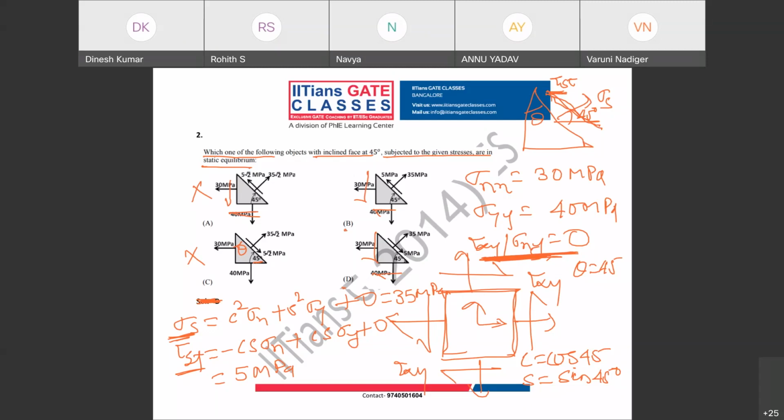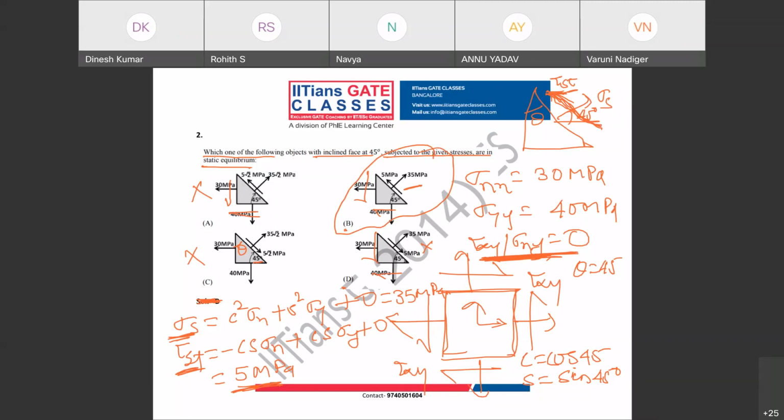So we got shear stress positive. So that means this is correct, this is wrong. Clear now? Why is D wrong? Because for your formula, the shear stress direction should be in the positive t direction if tau st is positive. So you can see B is the correct answer.